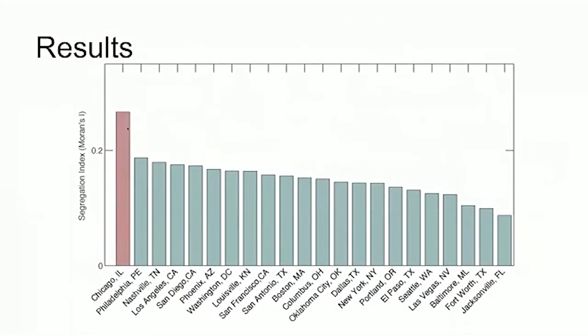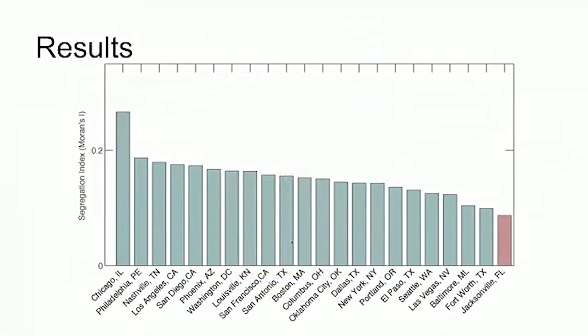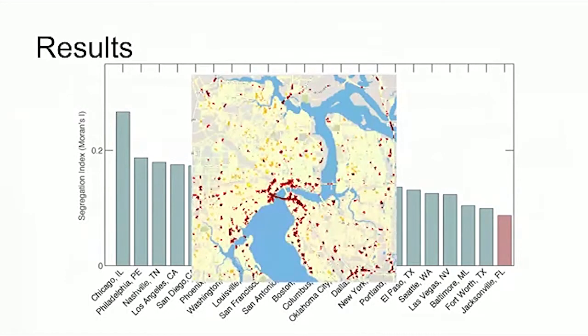And then we can further visualize it. So we found that Chicago is the most segregated city. Here in red, you can see clusters of expensive cars, and in yellow, you can see clusters of very cheap cars. And then here, Jacksonville we found to be the least segregated one.